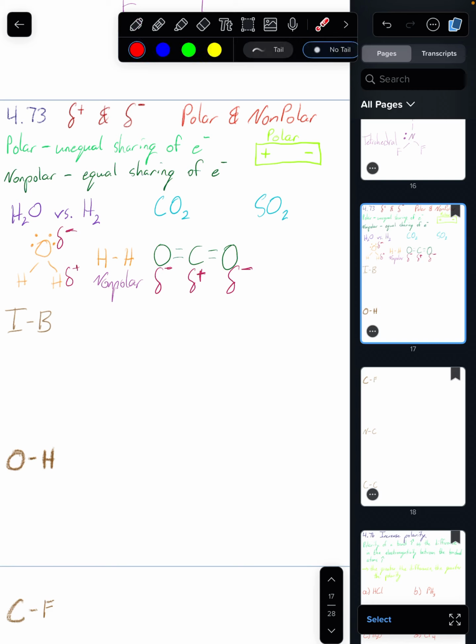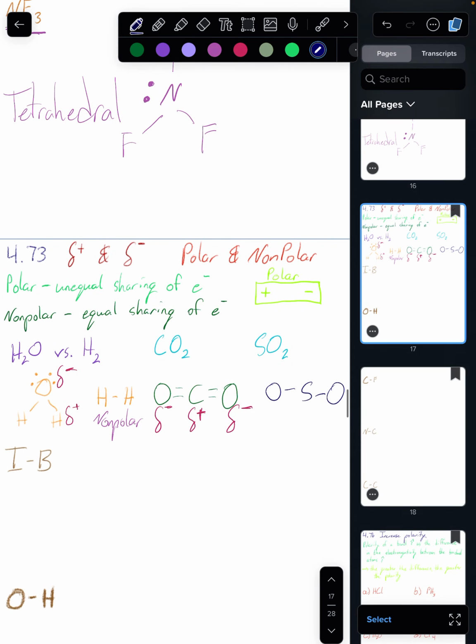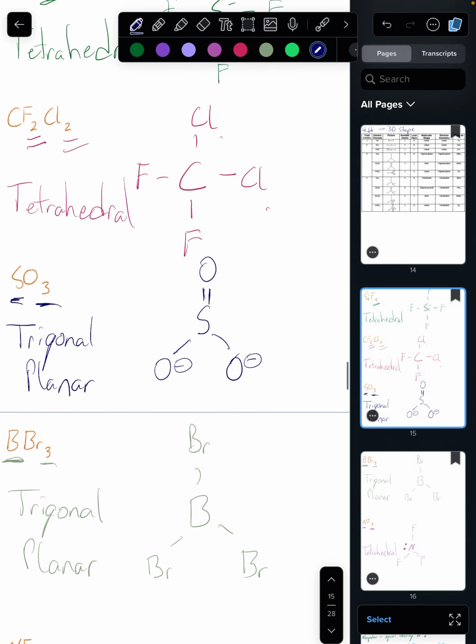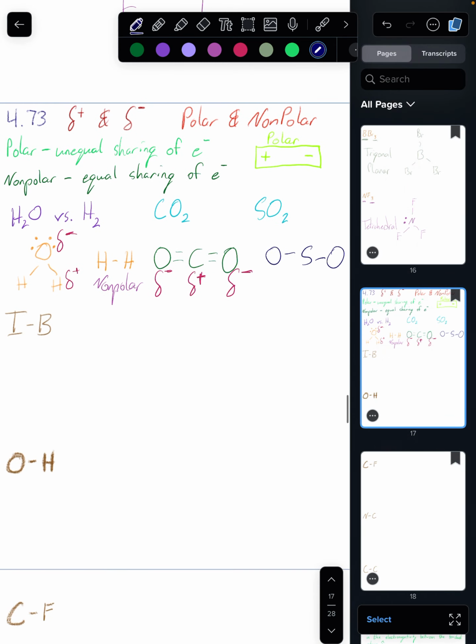Now, similar concept with these two. And we know our sulfur from earlier likes having the 4 bonds. Okay? And that gives us those extra electrons.